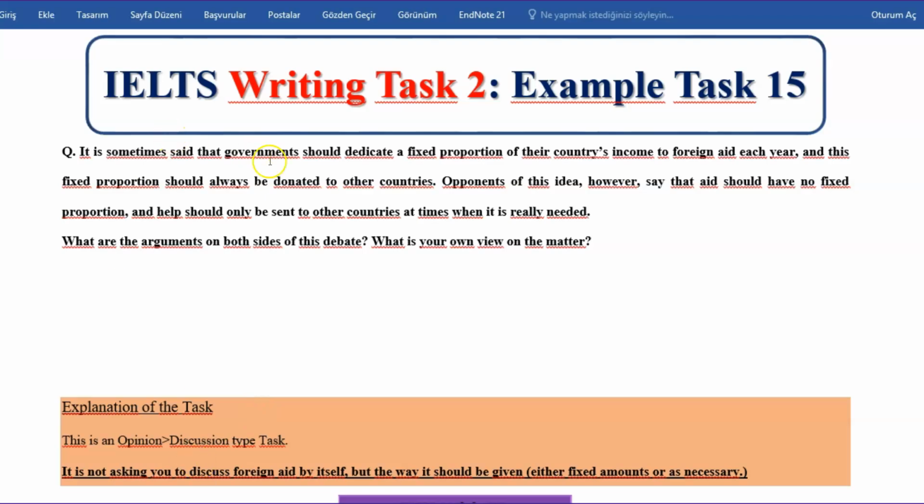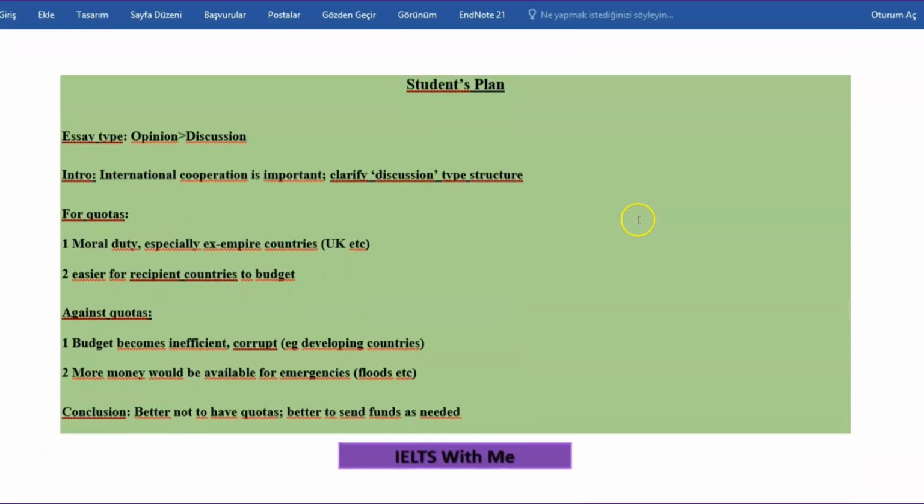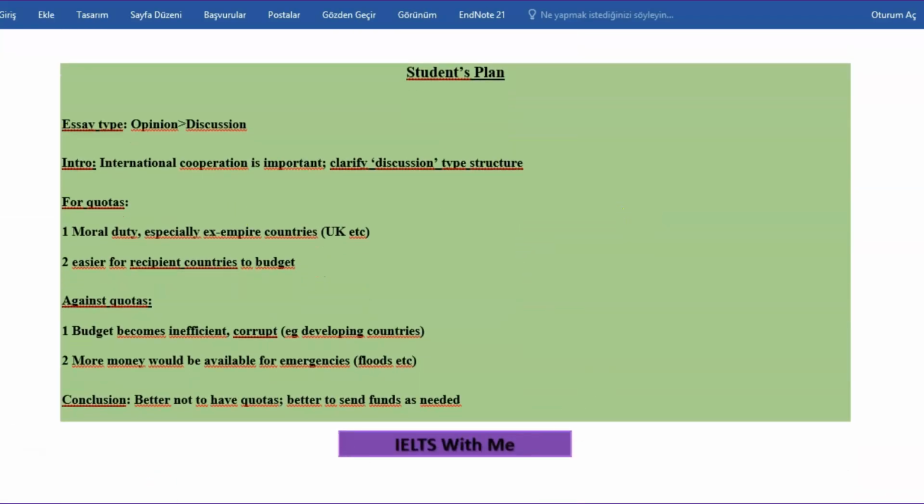It is sometimes said that governments should dedicate a fixed proportion of their country's income to foreign aid each year, and this fixed proportion should always be donated to other countries. Opponents say that aid should have no fixed proportion and help should only be sent to other countries at times when it is really needed, when it is urgent, right?